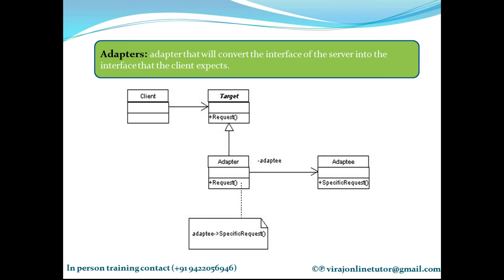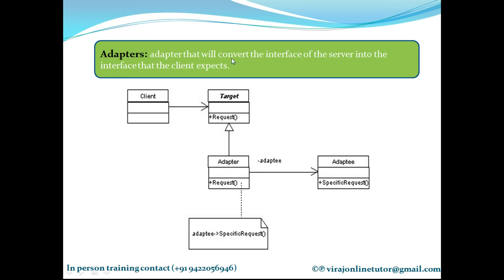So an adapter is something intermediate that converts the interface of one class into the interface which the other class expects. There is a source class expecting some interface, and there is a target class expecting some other interface. The adapter is going to convert one interface into another so that both classes can be connected to each other with ease.